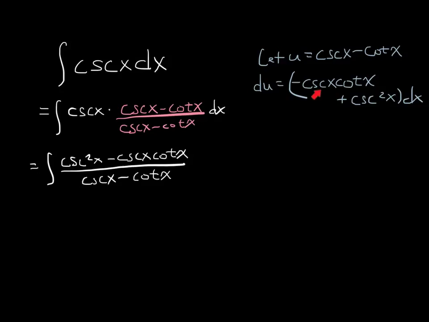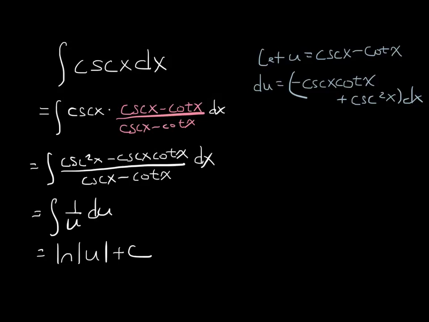So our substitution works out nicely. Oh, I forgot my dx. To be 1 over u du. And that's ln of the absolute value of u, which is the natural log of the absolute value of cosecant minus cotangent plus c.